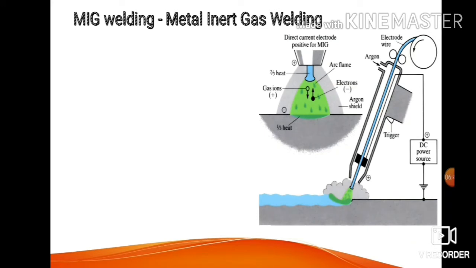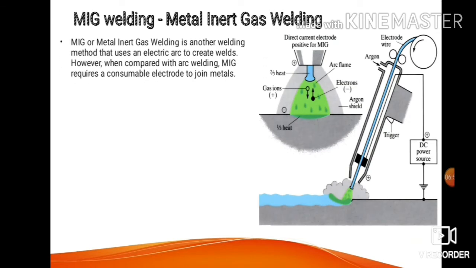The argon gas is used to shield the surface where we have to weld and to prevent oxidation. So MIG, metal inert gas welding, is another welding method that uses an electric arc to create welds. However, when compared with arc welding, MIG requires a consumable electrode to join metals.